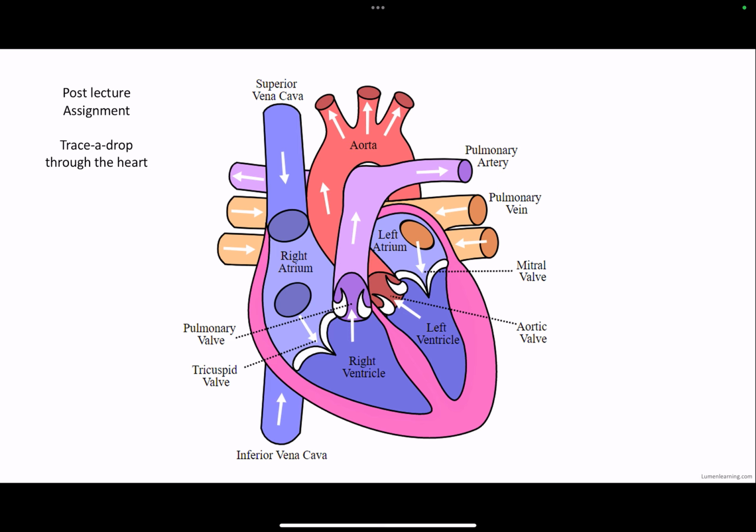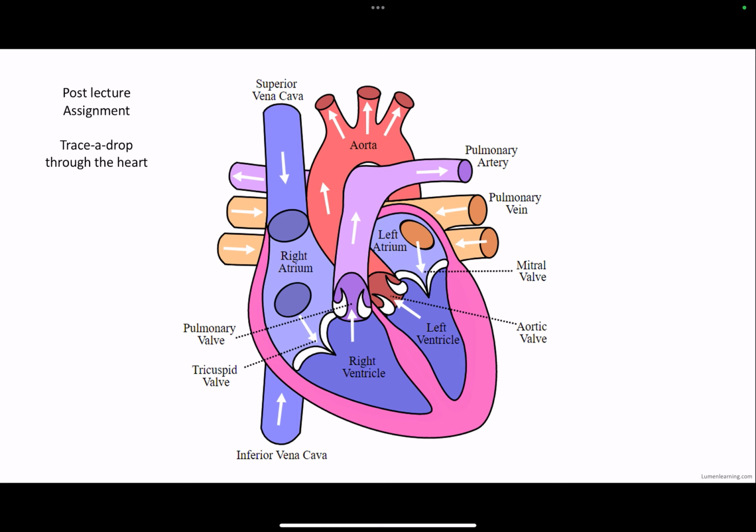One thing to remember, this is our first of what are called trace-a-drops, where you do a trace-a-drop of blood or urine or other things that we'll talk about, and you're going to give a flow. Okay? When you give that flow, you want to give only one option for a flow. When we get to blood vessels, there's going to be different routes that you can take. You want to take a single route. So if you look at your lecture notes, it starts with just the inferior vena cava.